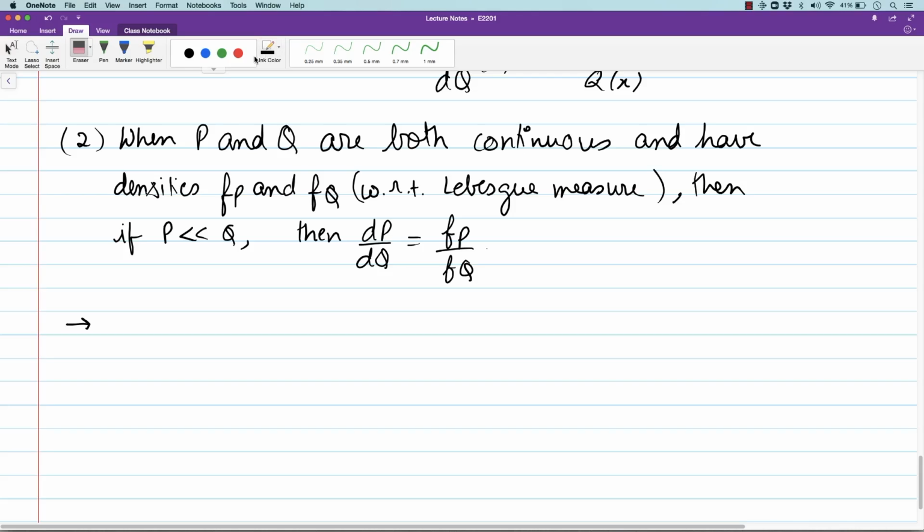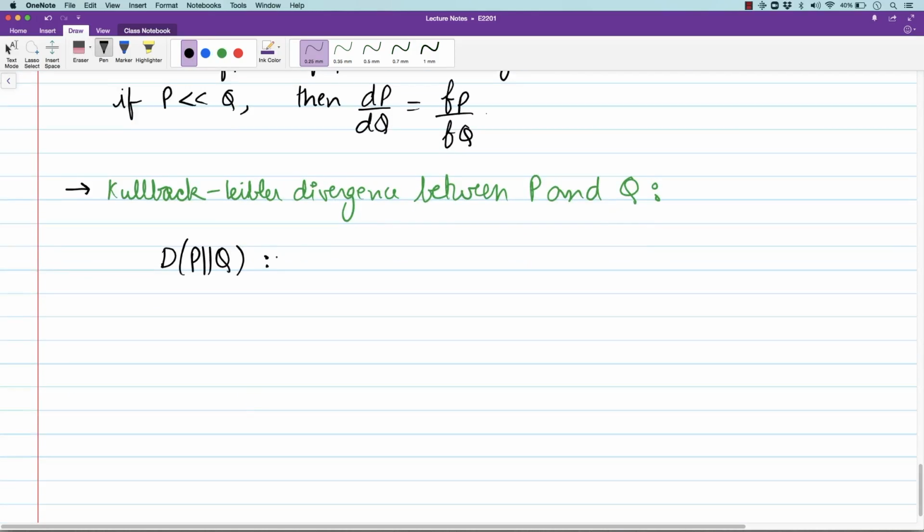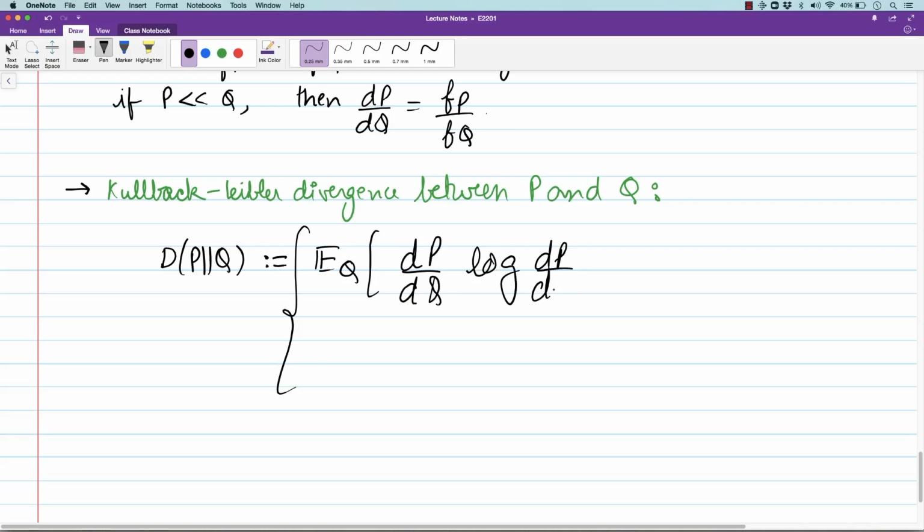We are now in a position to define the Kullback-Leibler divergence between P and Q. The divergence D(P||Q) is defined as the expected value with respect to Q, where Q is the larger measure and P has a density with respect to Q, of the Radon-Nikodym derivative of P with respect to Q times log dP/dQ.